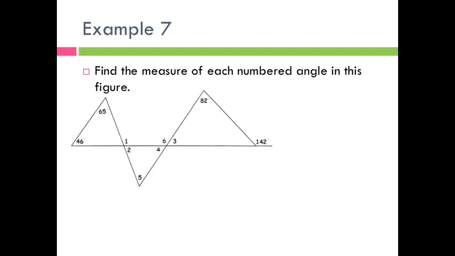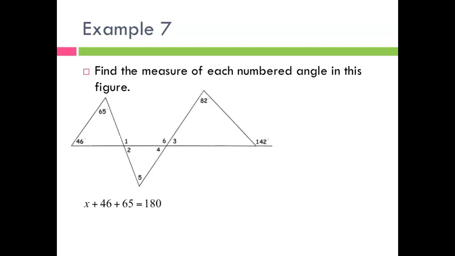We have two of the angles already, 65 degrees and 46 degrees. So even though we're not asked to find that last angle in that triangle, we're going to go ahead and solve for it because it's going to help us find angles 1 and 2, which will then help us with other measurements as well.